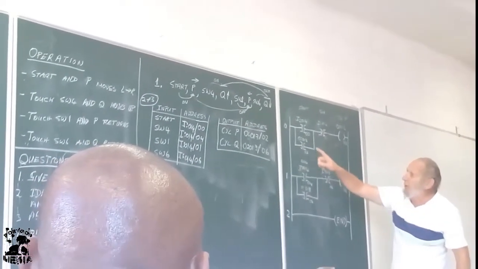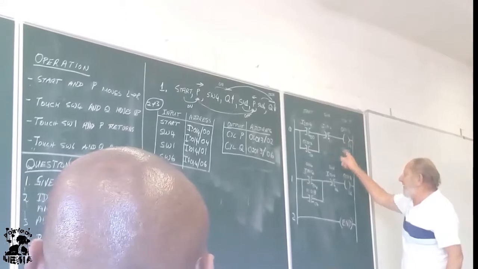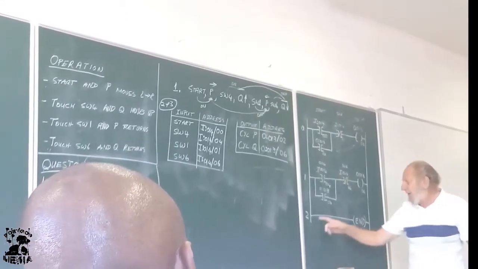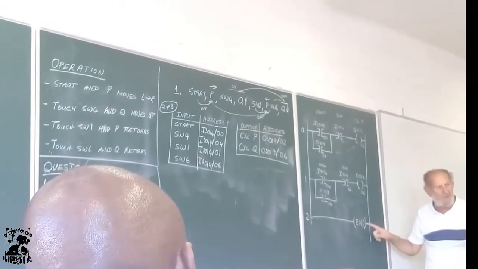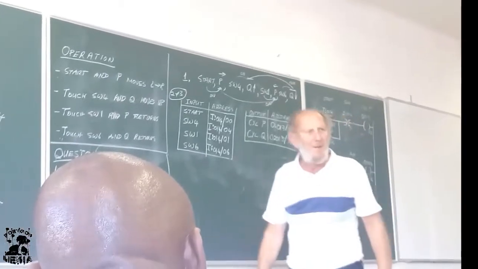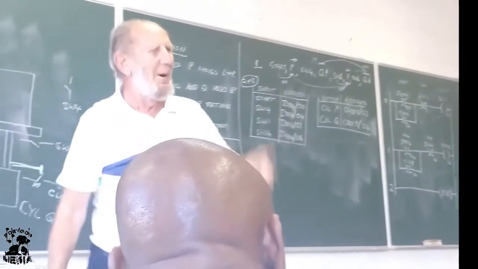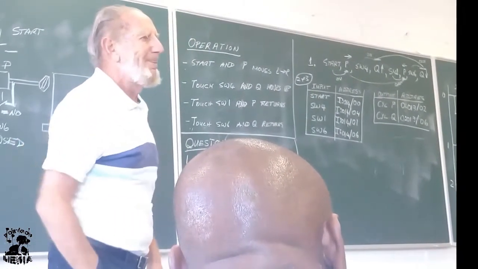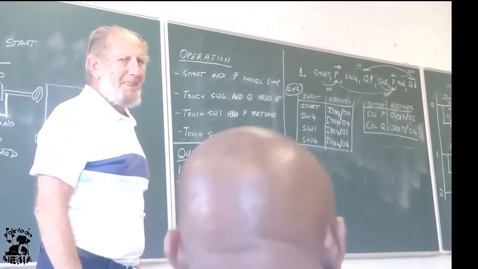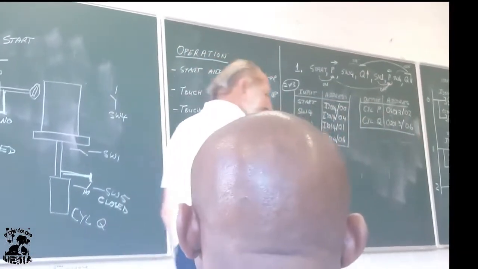Have you used the correct addresses of the design? And then I check if there's an end line. There's an end line. You don't get any marks for it, but I subtract a mark if it is not there. Any questions?